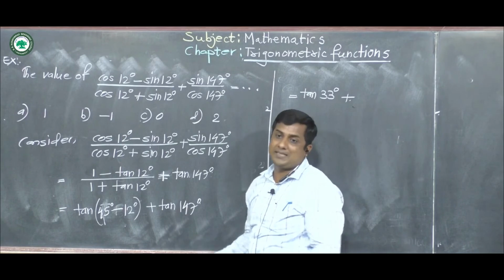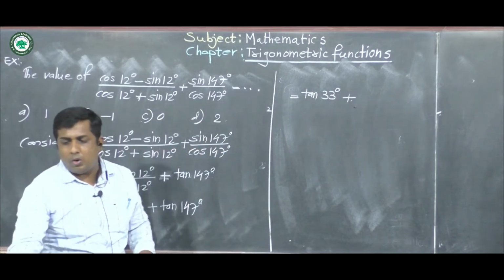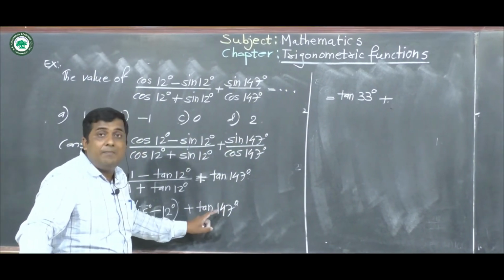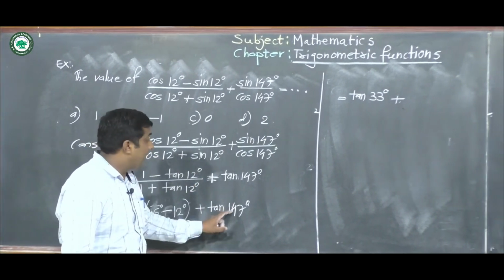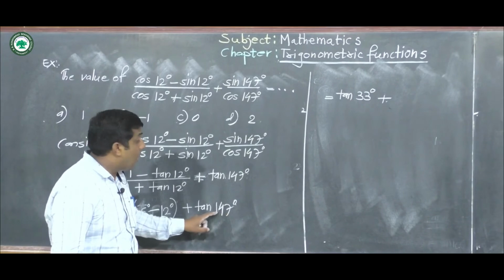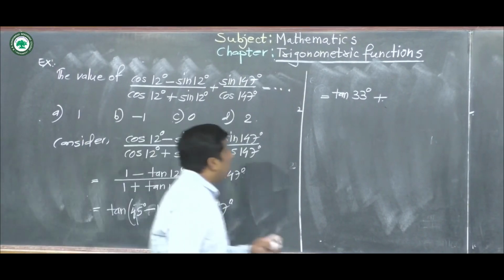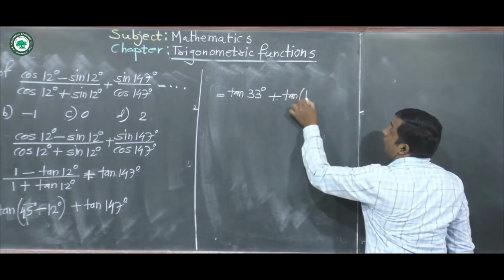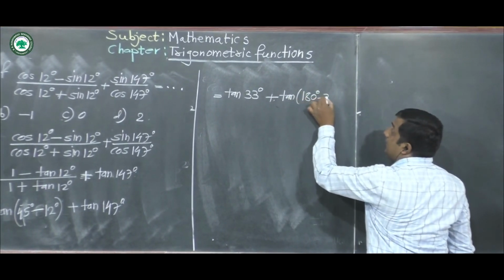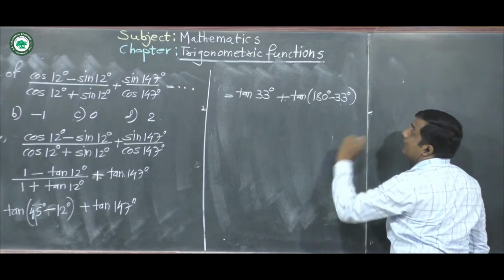Now tan of 147 degree: we know 147 degree means 180 minus 33 degree. So I write tan of 147 degree as tan of 180 degree minus 33 degree.